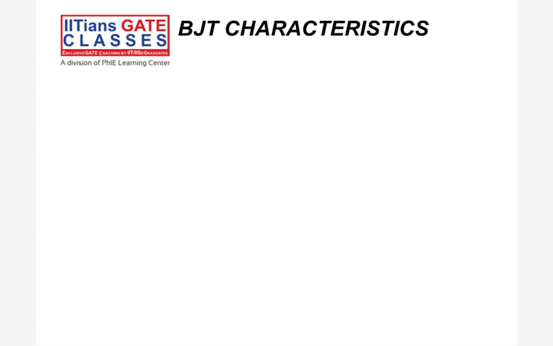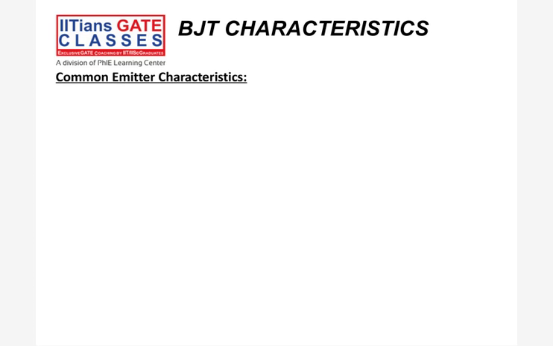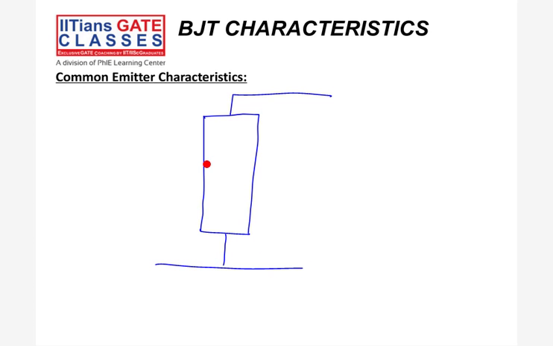In the common emitter, the diagram will be like this. In this case, the emitter terminal will be common. This is emitter, this is base, this is collector. So we have these three.